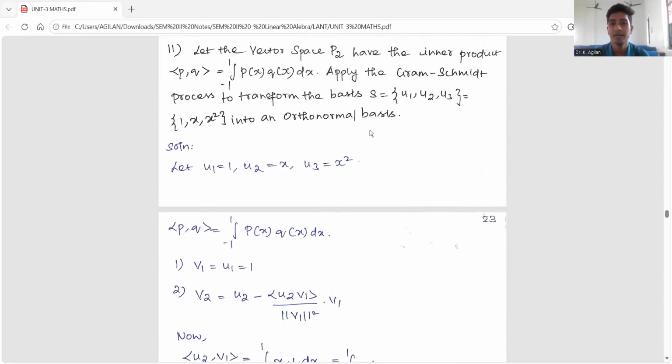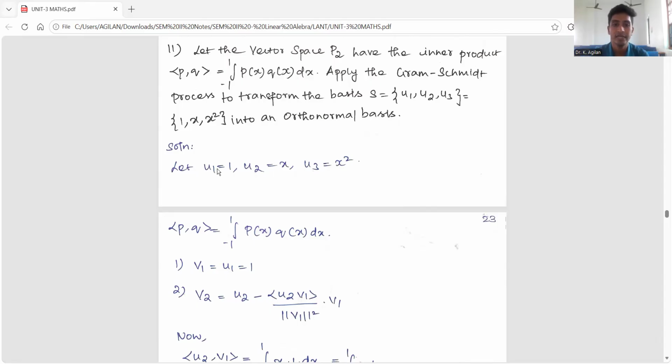We already discussed how to find the orthogonal basis using the Gram-Schmidt method. So we have a formula for v1, v2, v3, and also a formula for the orthonormal basis w1, w2, w3, right? So we just recall the process from the previous video, and here we proceed with the results.